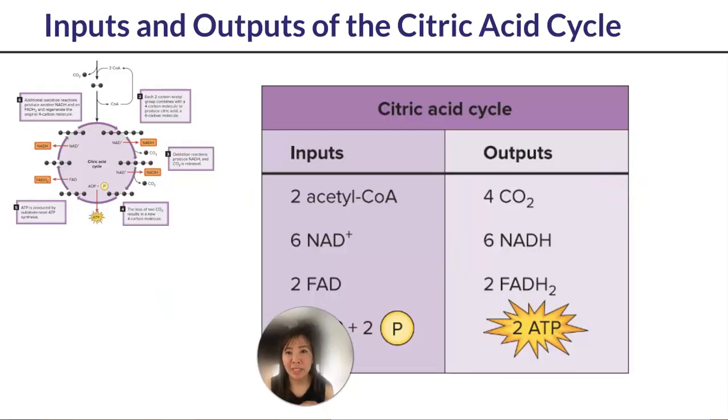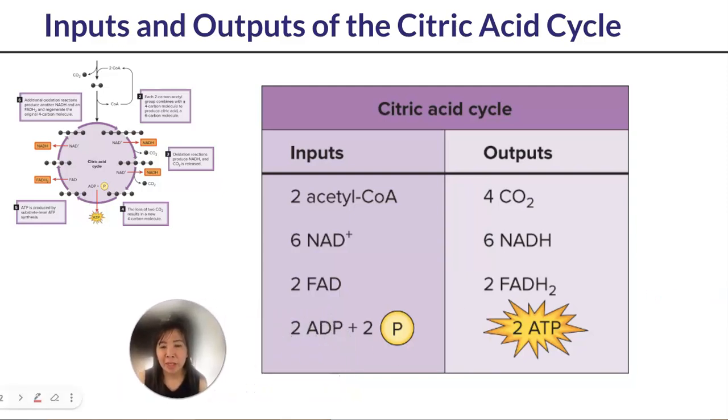Let's revisit the output so far. In the citric acid cycle, we start off with acetyl-CoA, and we undergo the cycle 2 times because we have 2 molecules of acetyl-CoA. So our input is 2 molecules of acetyl-CoA. We also input all these different electron carriers as well as ADP, which we later convert through a series of oxidation reactions into NADH, FADH2, and ATP.